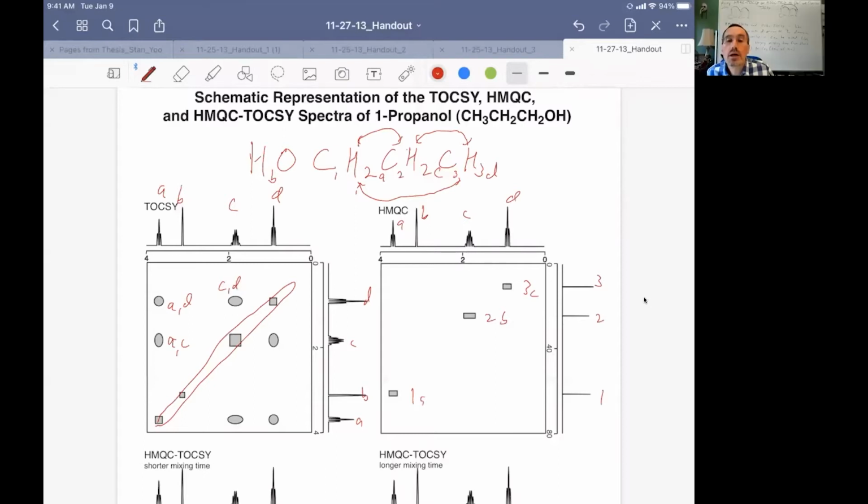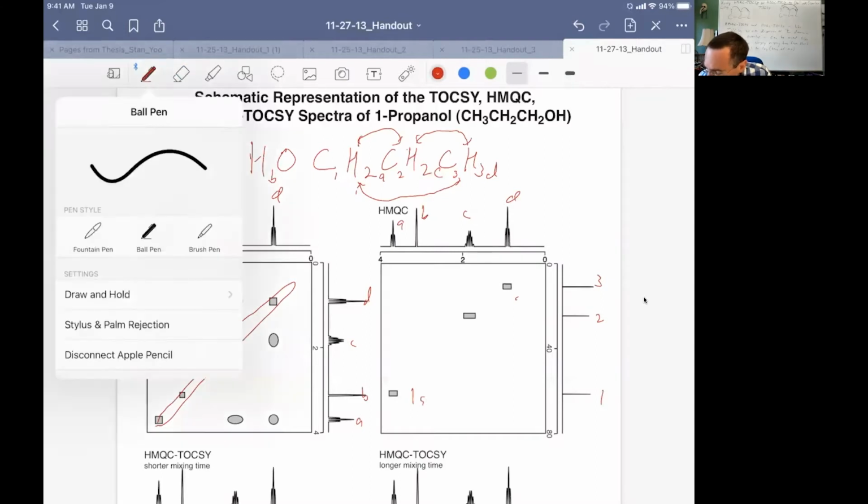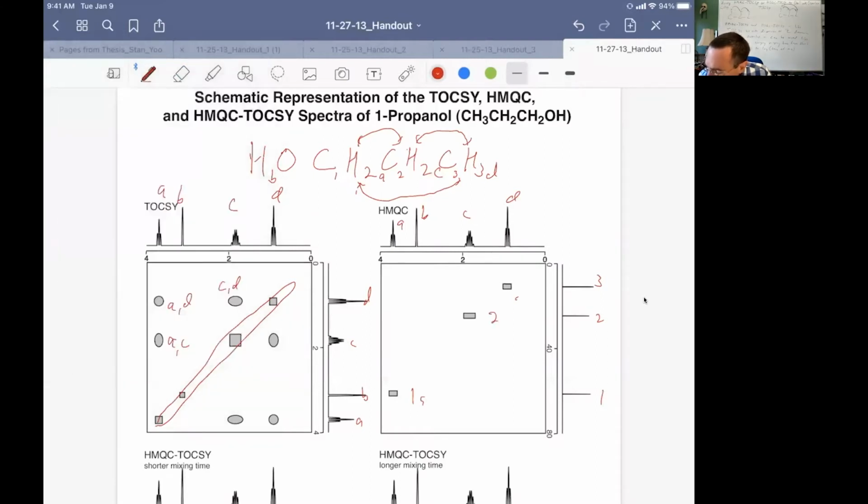Isn't it 2C and 3D? Oh, yes. Thank you very much. Let me fix that. So 2C and 3D. Thank you very much.